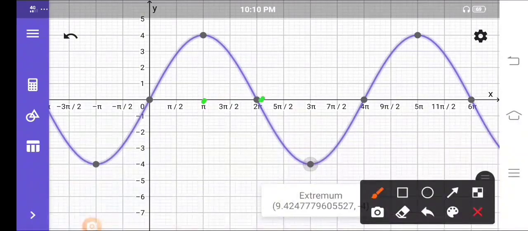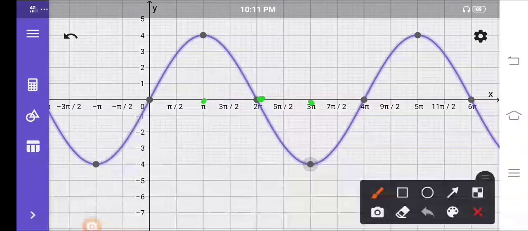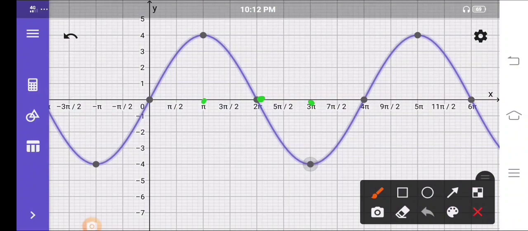Plus 180 degrees is 360 degrees. Then plus 180 degrees, that's 3 pi. 360 plus 180 degrees is 540 degrees. 540 degrees plus 180 degrees is 720 degrees.